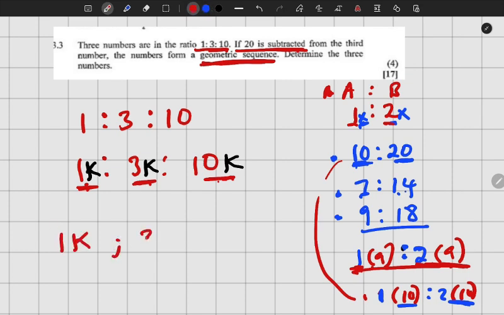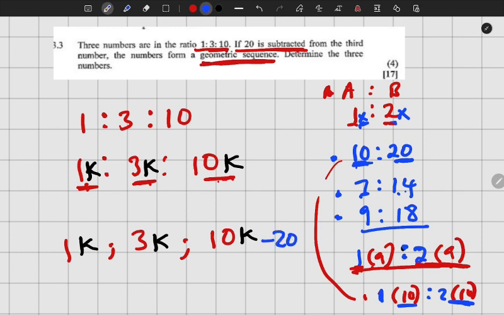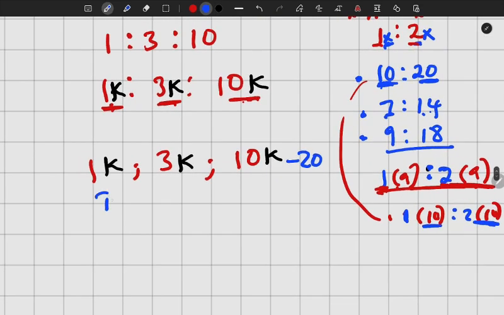We have 1k, so write it as a sequence now: 1k, 3k, 10k. But now we subtract 20, and we get a geometric sequence. Meaning that this would be t1, that would be t2, that would be t3.